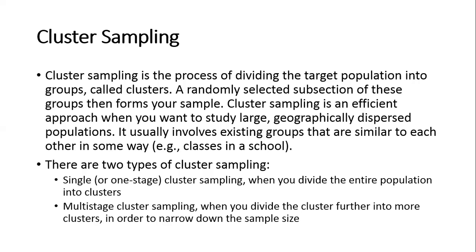It usually involves existing groups that are similar to each other in some way, e.g. classes in a school. There are two types of cluster sampling: single-stage cluster sampling, when you divide the entire population into clusters; and multi-stage cluster sampling, when you divide the clusters further into more clusters in order to narrow down the sample size.